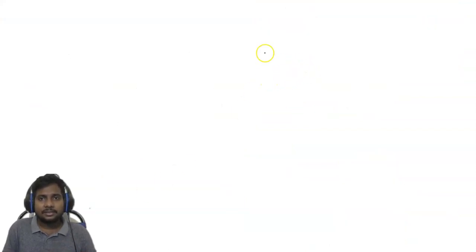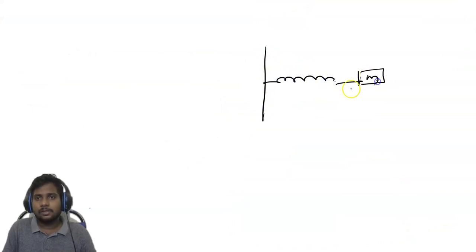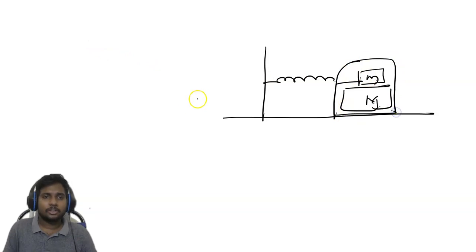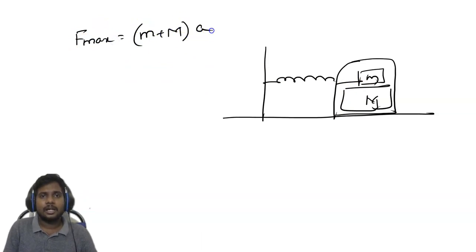Considering small m and capital M, if the two blocks are going together, the maximum external force possible is equal to m plus M into the maximum possible acceleration, because both blocks are going together.